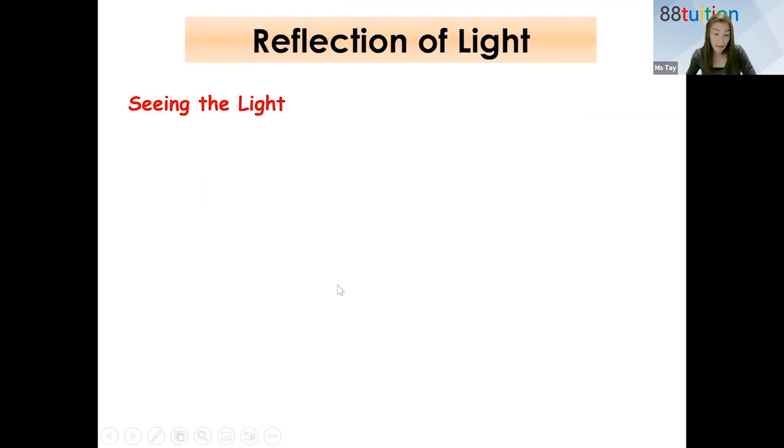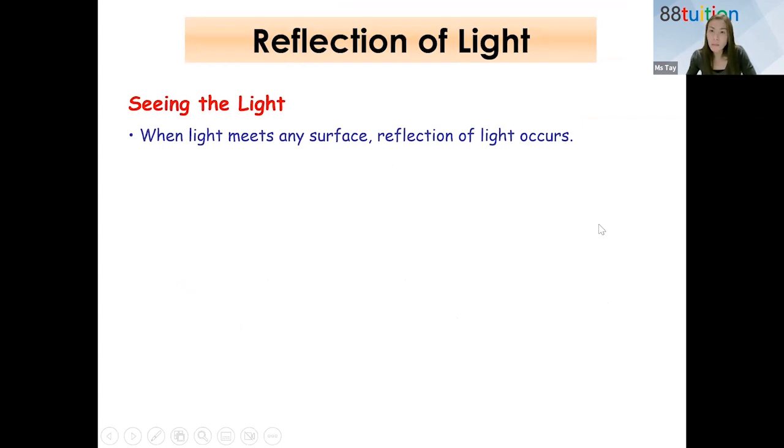Then, how do we see light? In a very dark place, none of us can see anything. If you can see something, it's not because you have good night vision, it's because there is some light present. In complete darkness, we don't see anything at all. It will be pitch black. Whenever you see something, it's because light has met a certain surface and then gets reflected into our eyes.